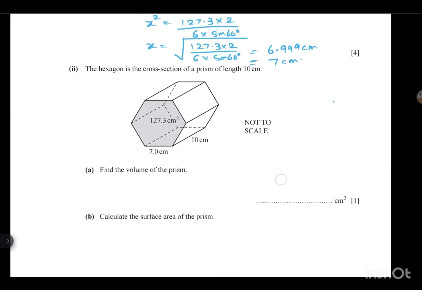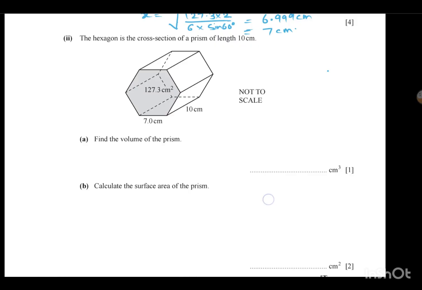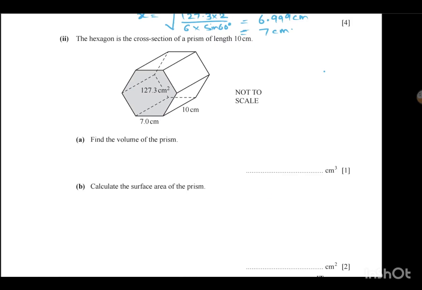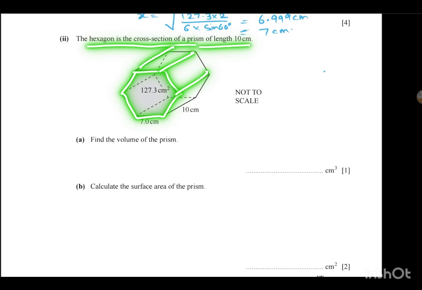Question B2 now. The hexagon is the cross section of a prism of length 10 centimeter. So this is a prism and this is the cross section with the length 10 centimeter. Find the volume of the prism.